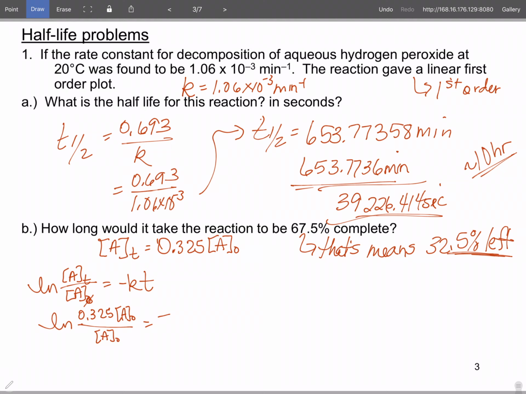Actually, I'm not looking for the half-life. It's up here. So this is your K, which was given, times 10 to the minus 3 minutes to the minus 1 times T.